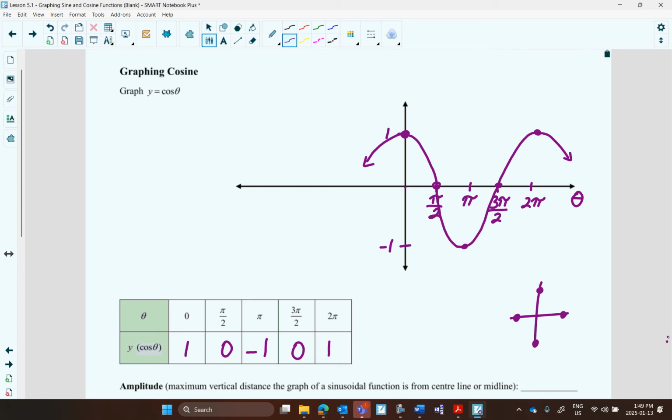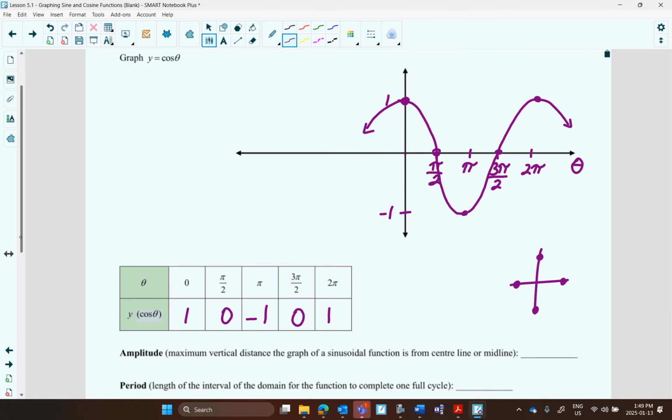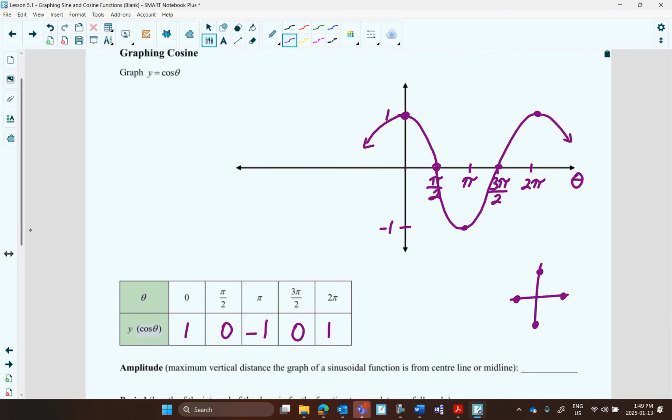And let's just look at the properties again. So the midline is here again. That's the midline. So what would the amplitude be? 1. Same as sine.